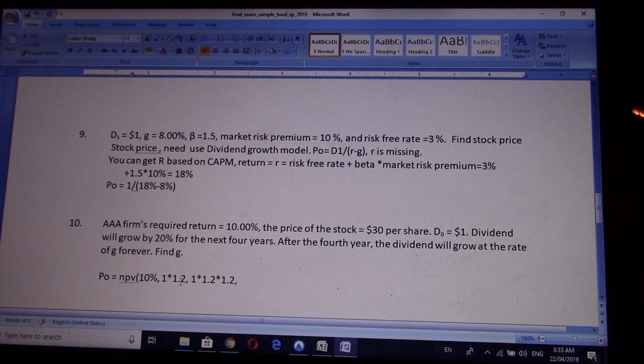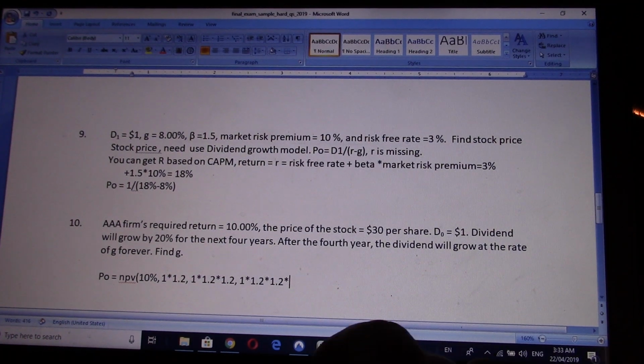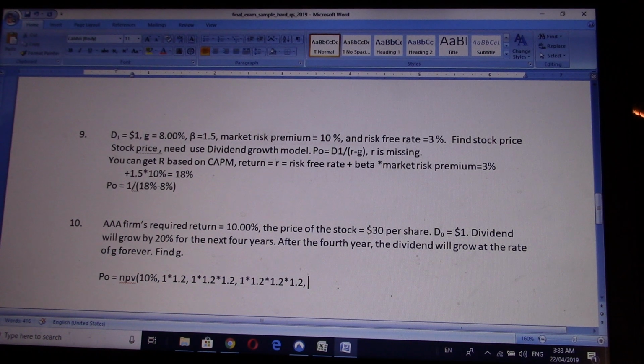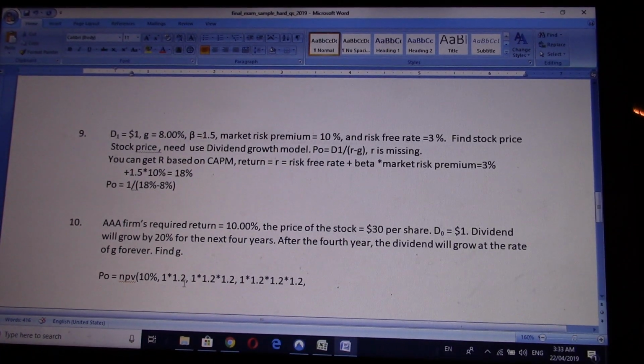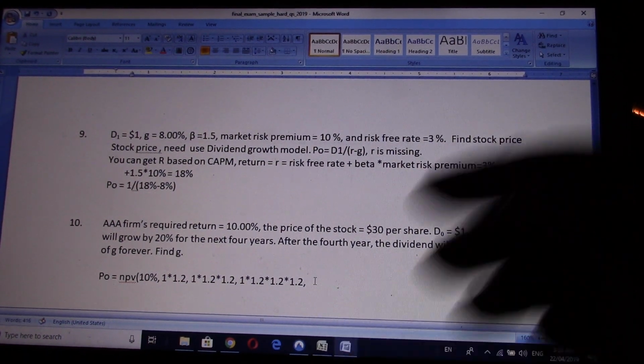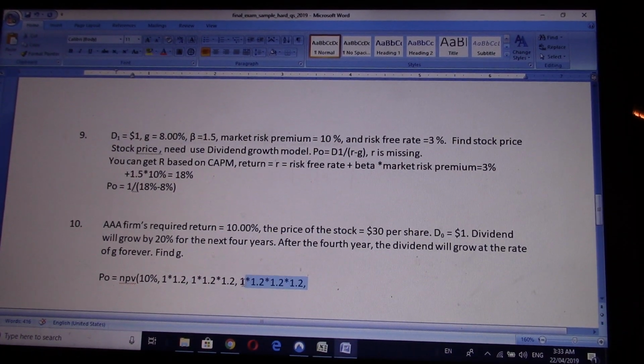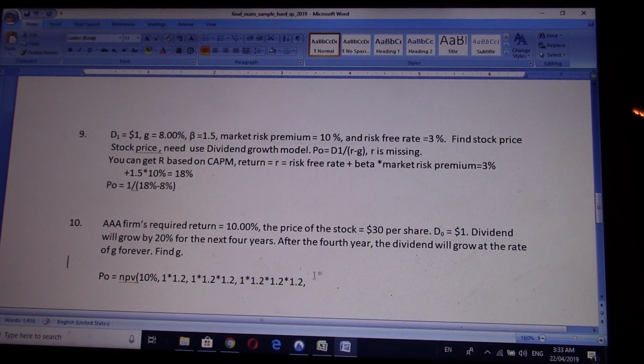Also, your D3 should be another increase of 20%. Now, it will grow at 20% for 4 years. So this is year 1, year 2, and year 3, and year 4's dividend should be 20% more.